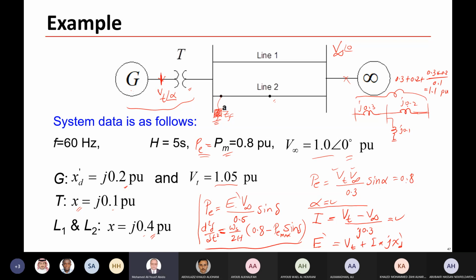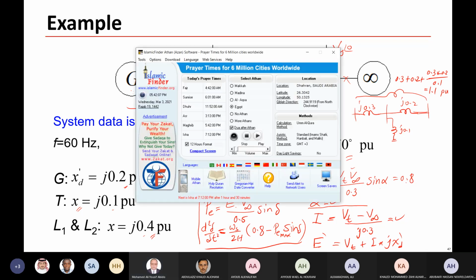Keep in mind that when you convert from Y to delta, we expect the impedance to be higher.